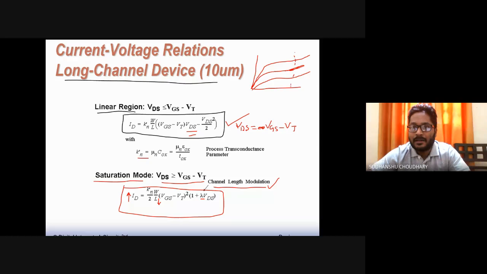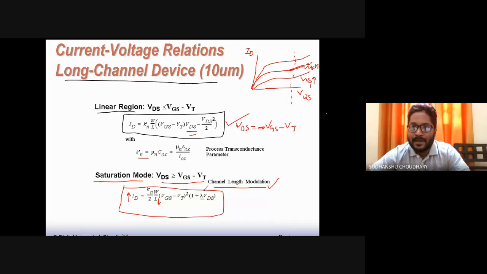At this point, channel length modulation comes into the picture, that is, the channel length becomes significantly small. And this is ID versus VDS, and these are different VGS, that is, you are increasing VGS. Maybe VGS is equal to 1 volt here, and here maybe VGS is equal to 1.5, and so on.